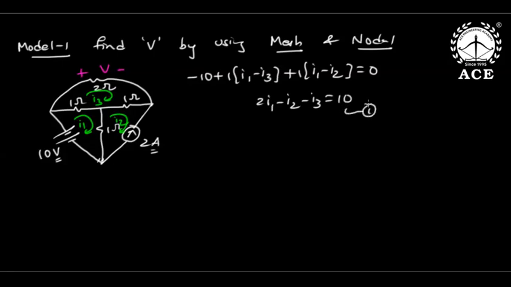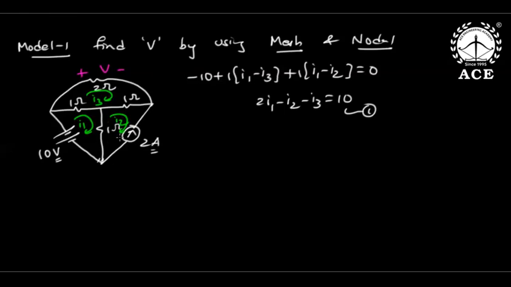This is the first. Now the second mesh: this is 1 into (I2 minus I1), this is 1 into (I2 minus I3), but there is a current source. We need voltage here because we are writing KVL, but we don't know right now the voltage across the current source.